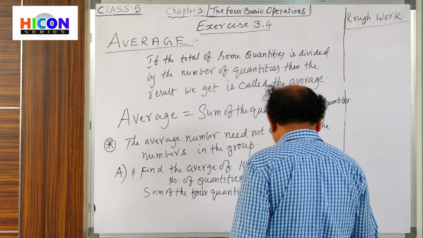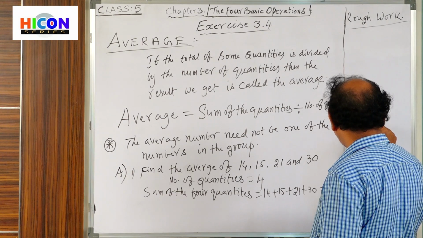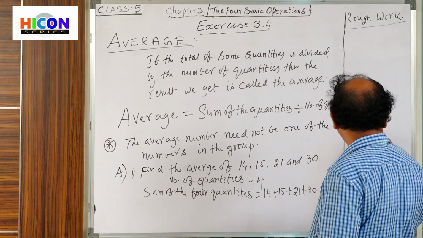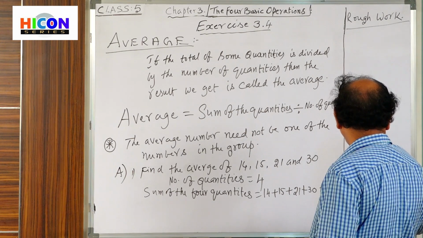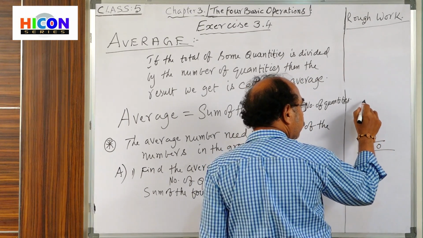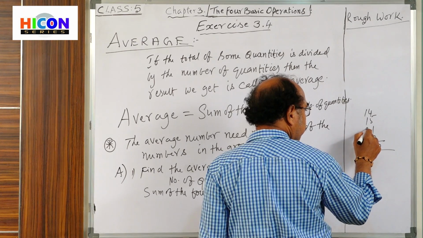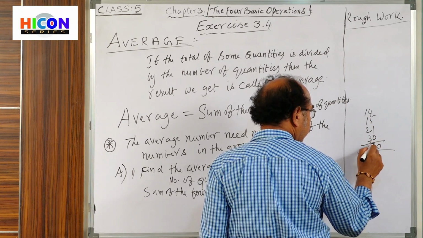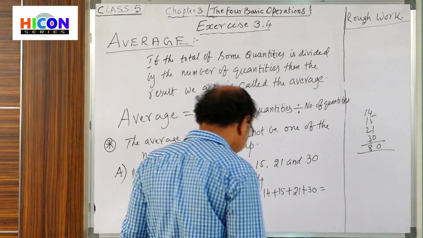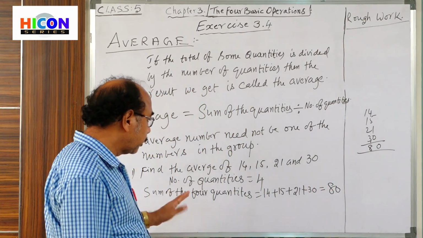You are small children, that's why in the margin you can write and add 14, 15, 21, 30. 4 plus 5, 9 plus 1, 10, 0, here 1 is to be carried. 3 plus 1, 4, 4 plus 2, 6, 6 plus 1, 7 plus 1, 8. 80. The sum of the quantities is 80.